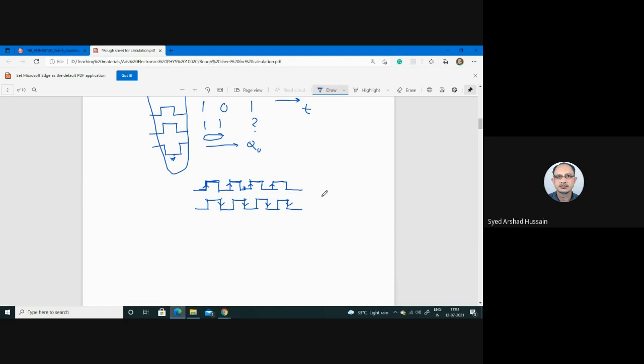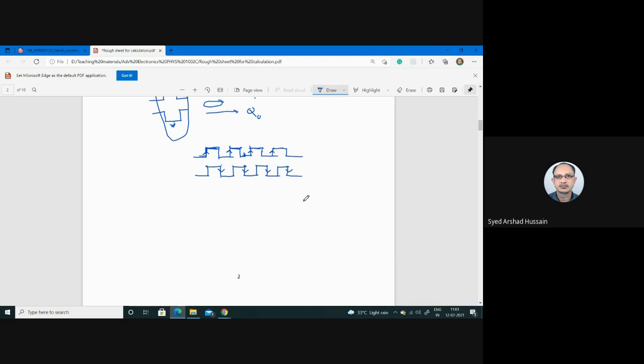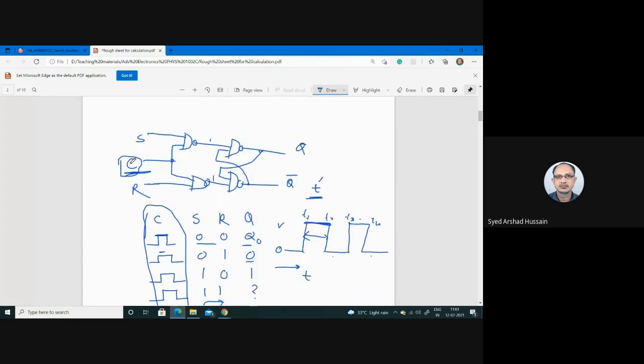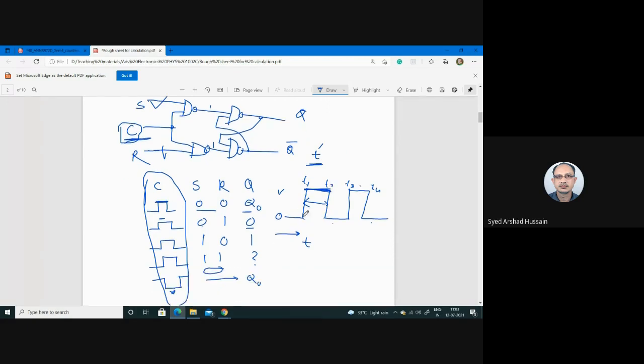what you have to do, you have to design a small circuitry for your clock pulse, because normally if you simply give this kind of signal to your clock, then automatically your output will change based on this, as long as your clock is high. But we want the output to change during this transition or this transition.